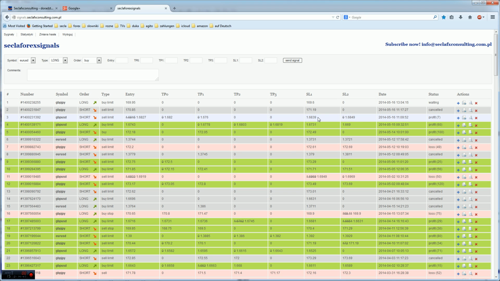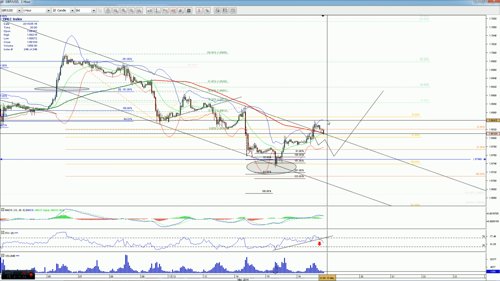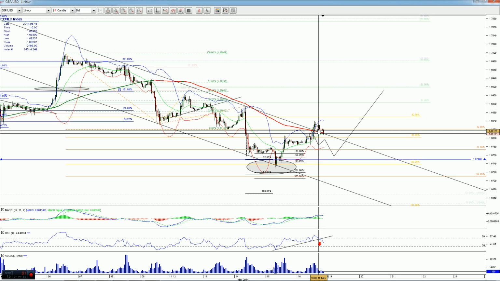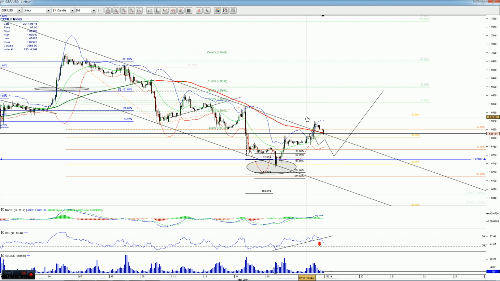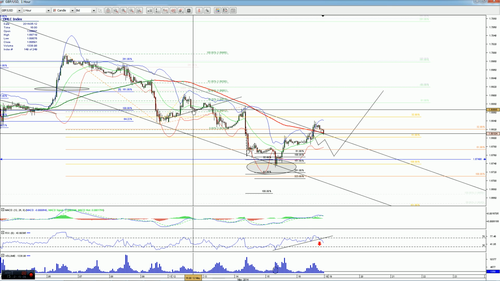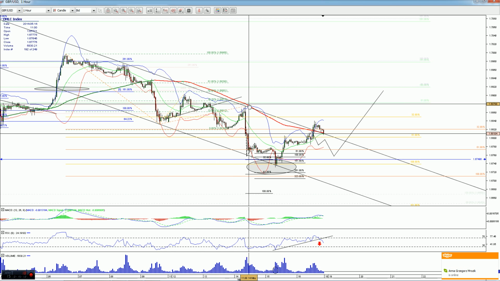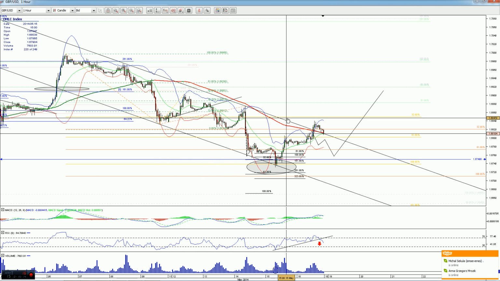Okay, the initial one was 39, and then I set 49, and if you check, the 39 would be definitely triggered. Okay, then you have to move your stop loss to the SL2, just in order to not allow the market to throw you out of a good position, actually. Okay, and then a stop loss above those highs wouldn't make any sense, because it will be too high, and then it's most probably something else going on here.